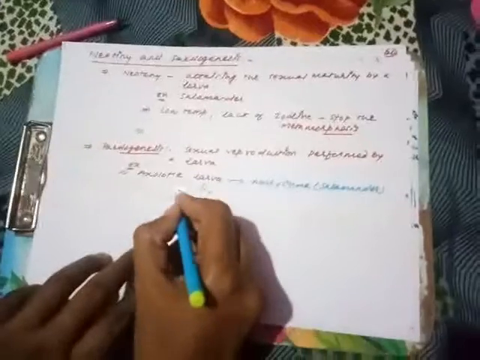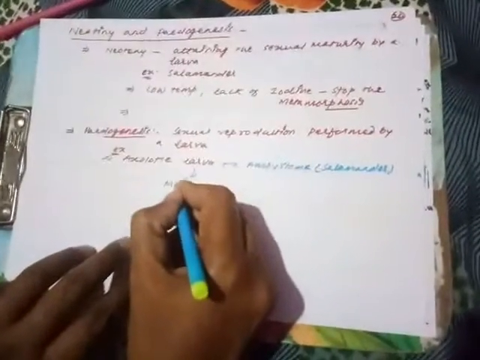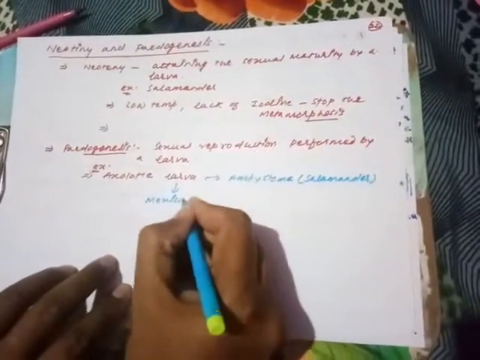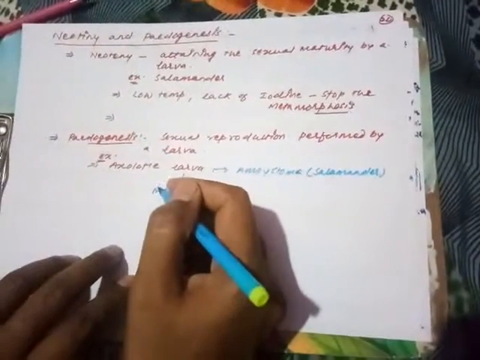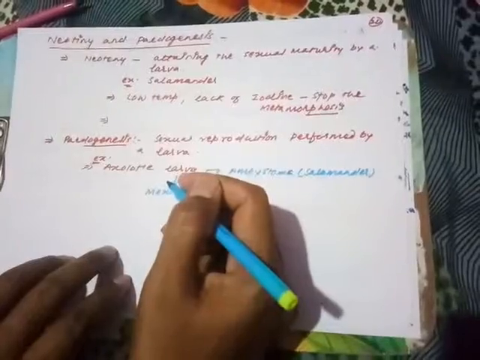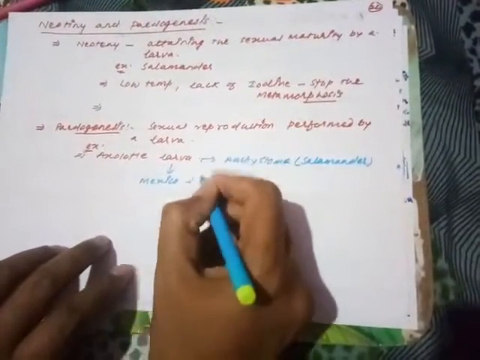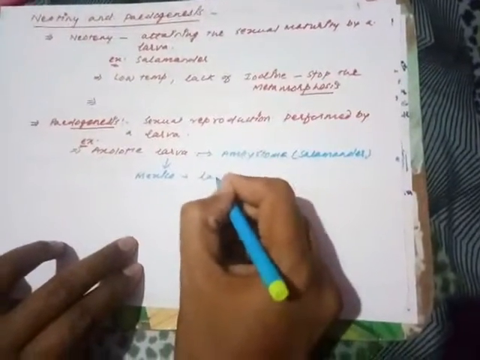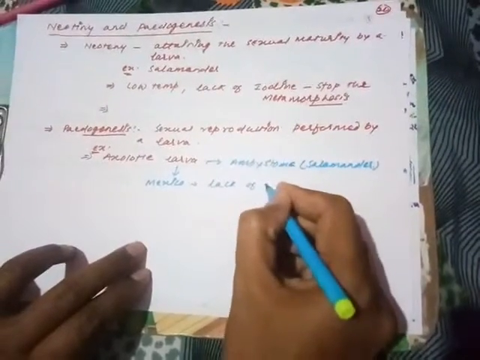It is found in Mexico, and due to neoteny it develops the sexual reproduction structures and performs sexual reproduction, and the reason behind that was lack of iodine.